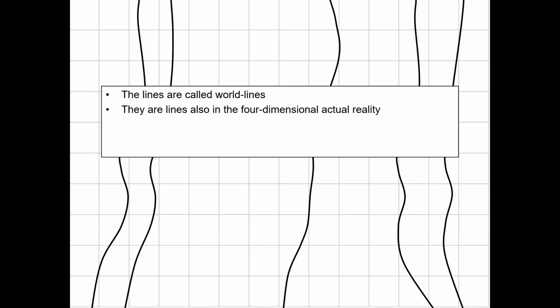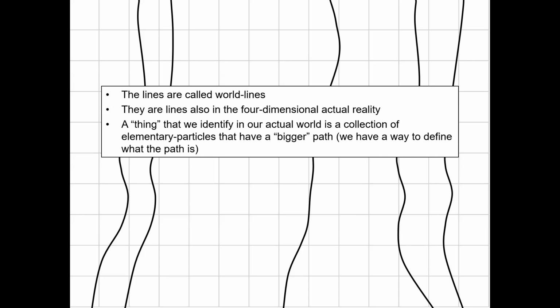And to connect these elementary particles a little bit to our own world, a thing that we identify in the actual world is a collection of elementary particles that have a bigger path. And by bigger, I mean that there is a way that we will specify later to define what this path is.